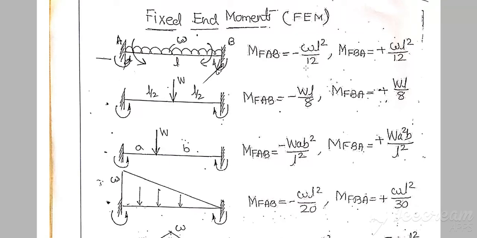This fixed end moment calculation is there in all the methods, all the 5 modules. This is very much required, so you should remember and mug up. You should write it in your notes and mug up the formula as it is. In the problem you can directly use this formula, substitute the values and calculate the answer.